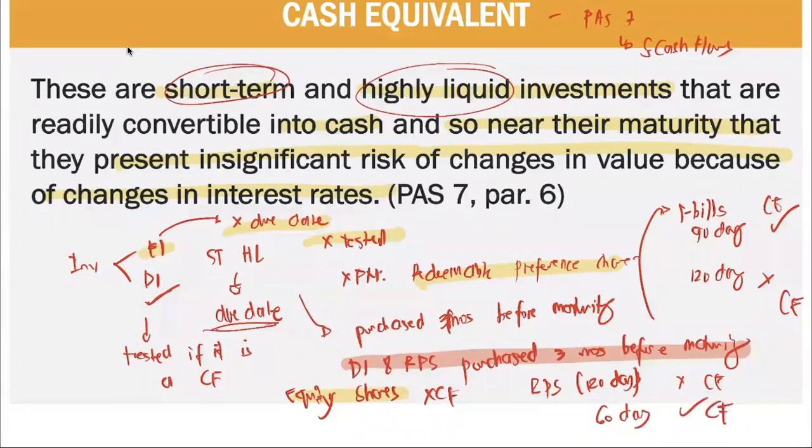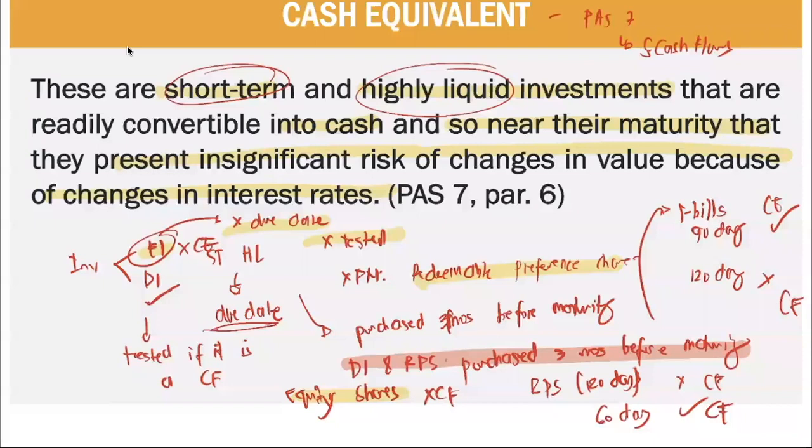Okay, so what I want you to remember on a cash equivalent is the definition. And aside from that, the items. What are the items? Only your debt instruments and redeemable preference share. If it is not a redeemable preference share but an equity instrument, what did we say? If equity instrument, not cash equivalent. What is the only equity instrument that is cash equivalent?